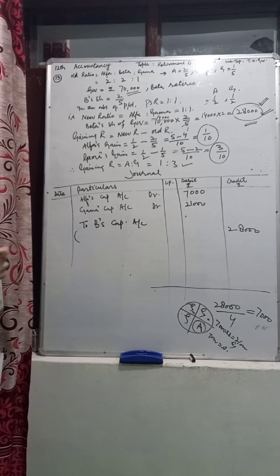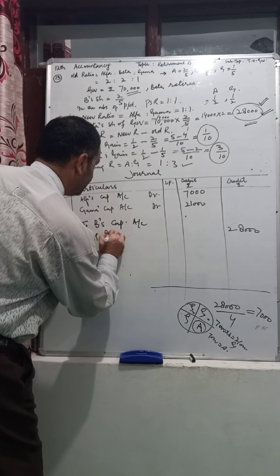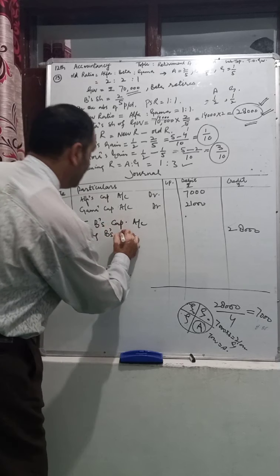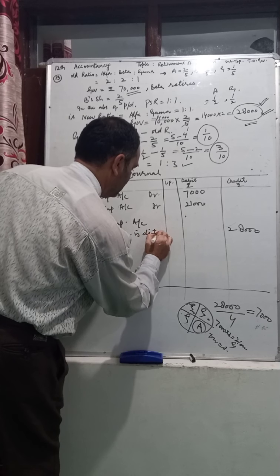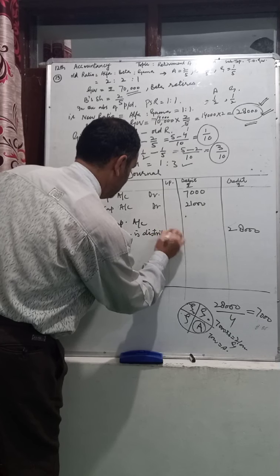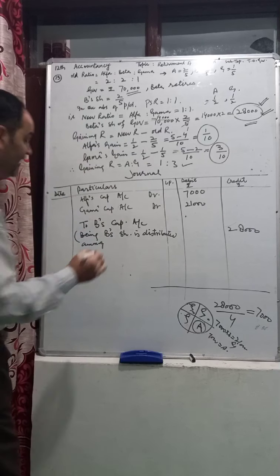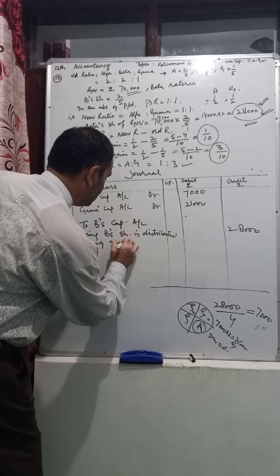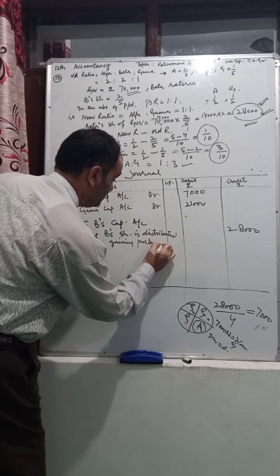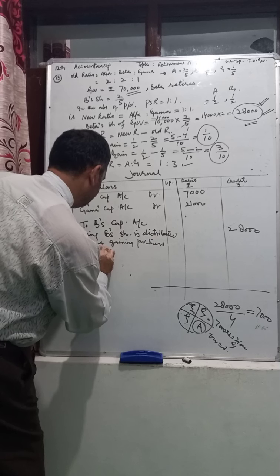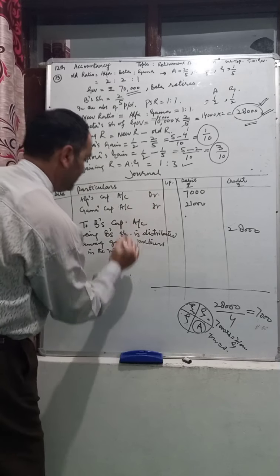What we will write here: being Beta's share is distributed among existing partners or among gaining partners in the ratio 1:3.